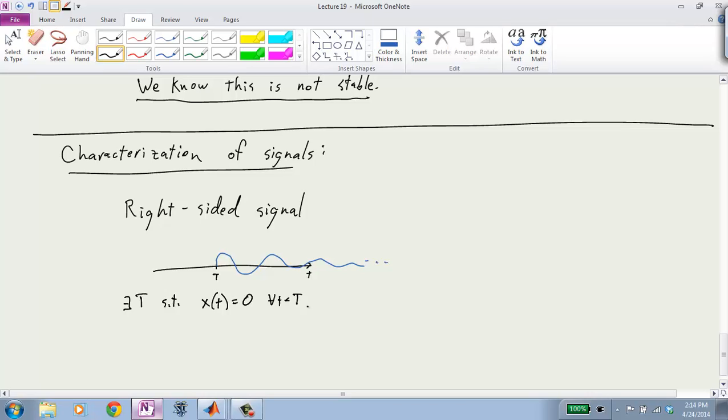Okay, so there's some starting point to the left. All right, so that's what we call right-sided. And the implication in the Laplace transform is that the region of convergence has no right boundary.